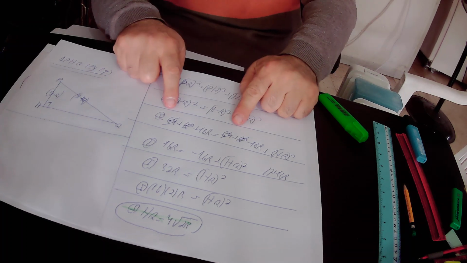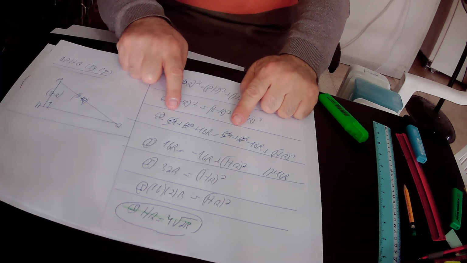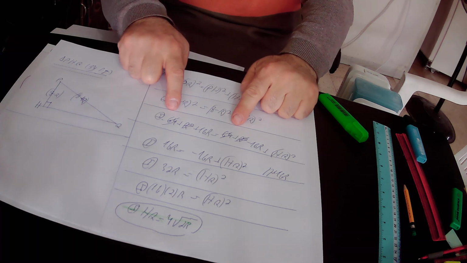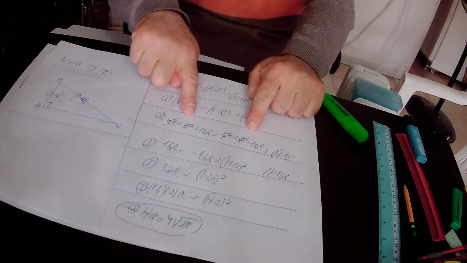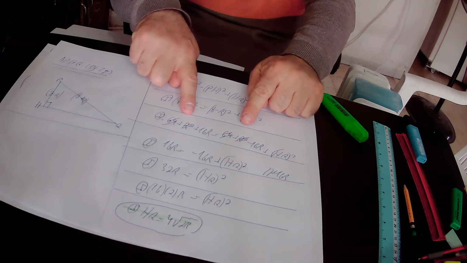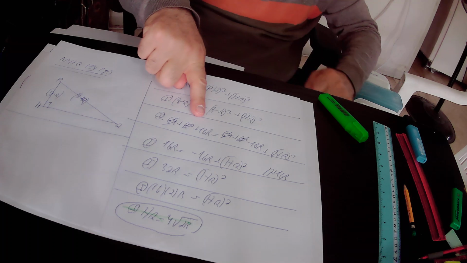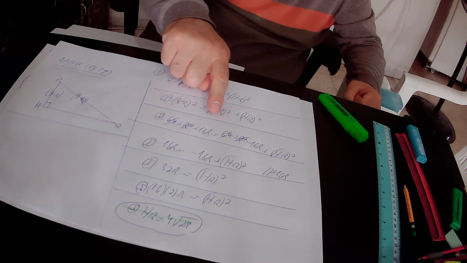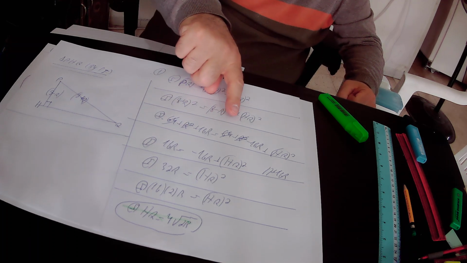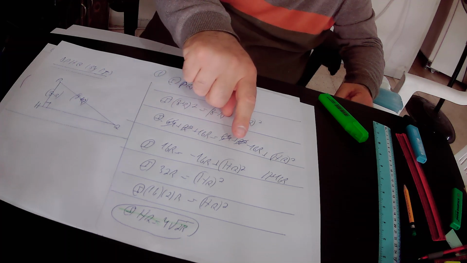Here we have 64 on both sides of equation 1, so 64 will get cancelled, and we also have r squared on both sides, so r squared also will get cancelled. After cancelling those two expressions, on this side of equation 1 we have only 16r, and on the other side we have only minus 16r plus HQ squared.